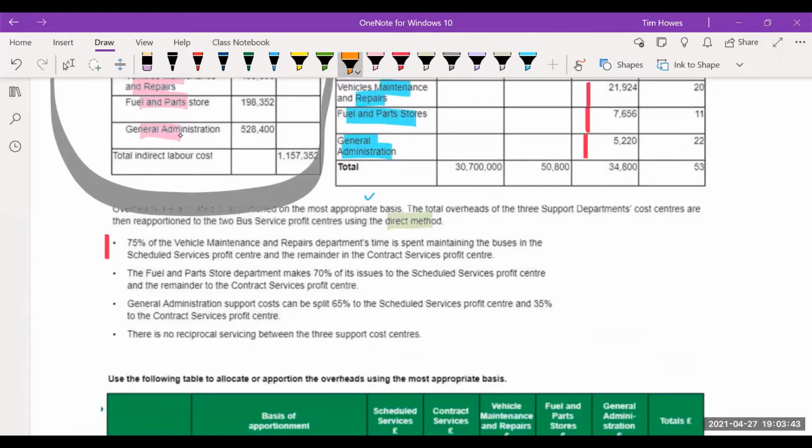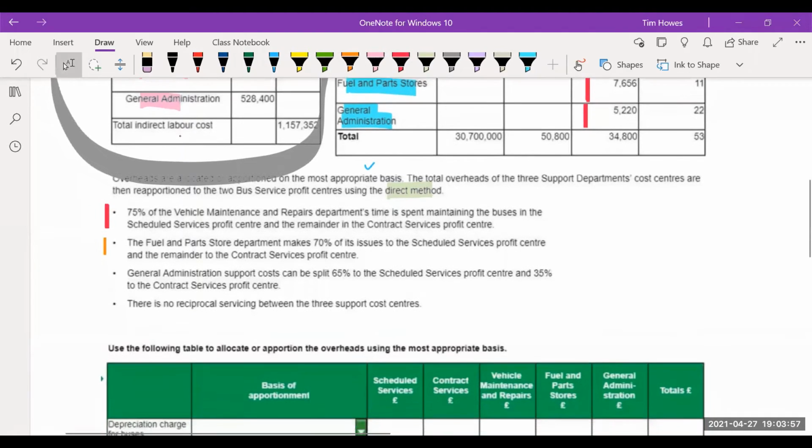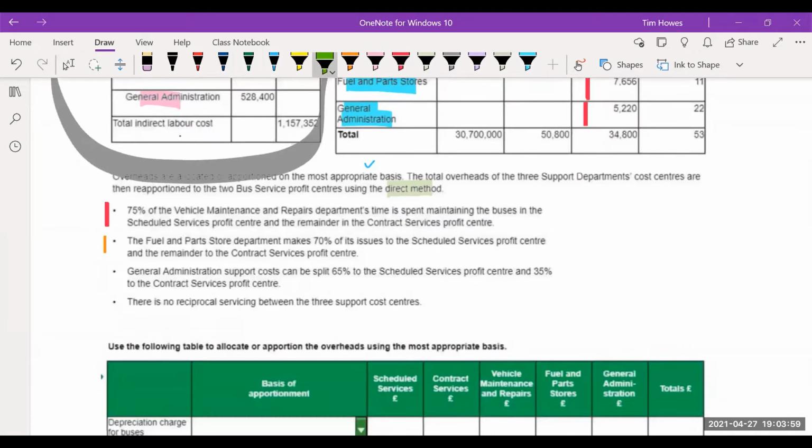The next one down says the fuel and parts store. Well, they devote 70% of what they do to the scheduled services and the remainder to contract services. So again, the remainder would be 30. And then finally, of course, we've got our general admin, and that can be split.